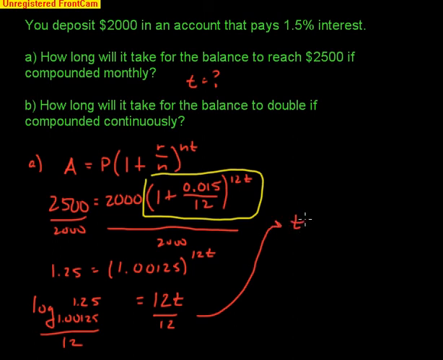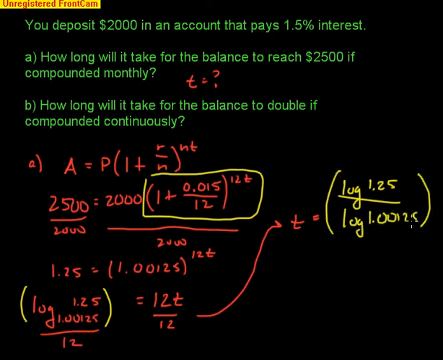What's this become? Well, t equals this right there, the top. This needs to be the change of base formula: base on bottom, log of 1.25 over log of 1.00125. That's the top. And that's all over 12.